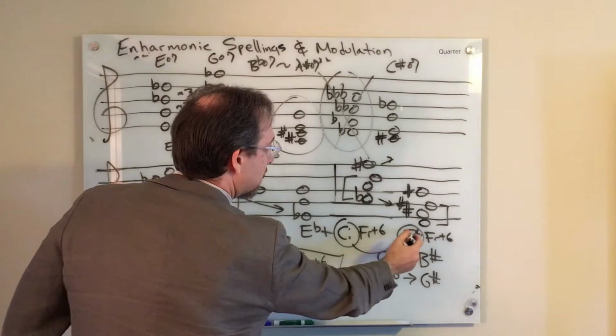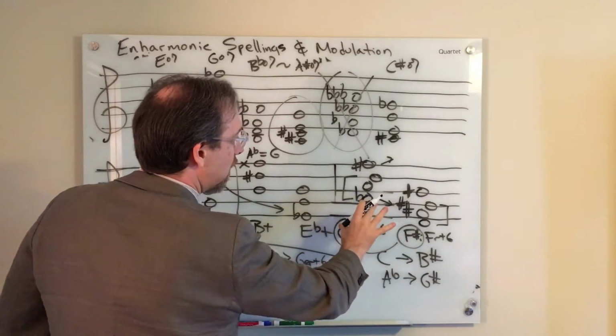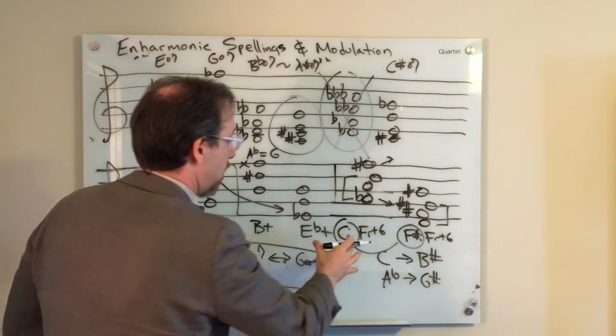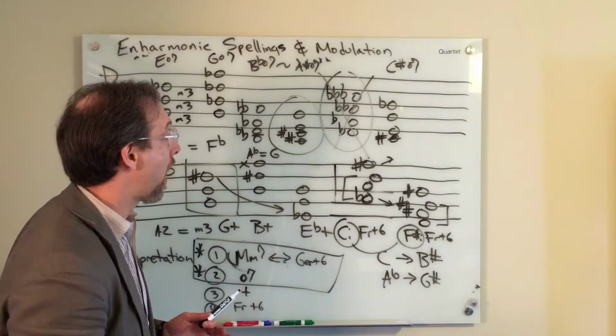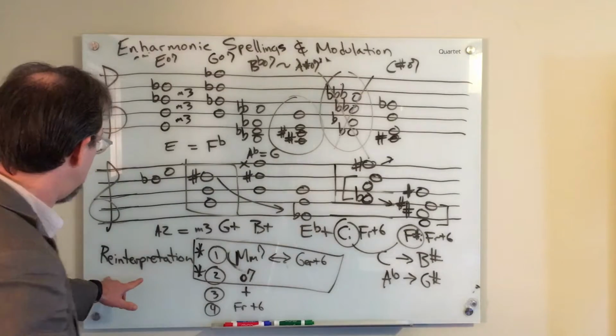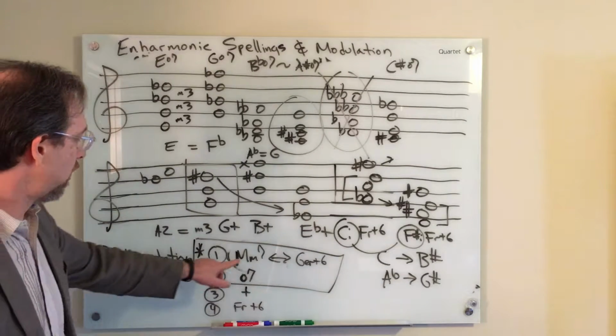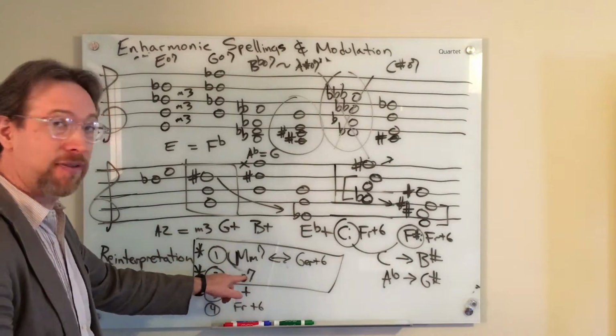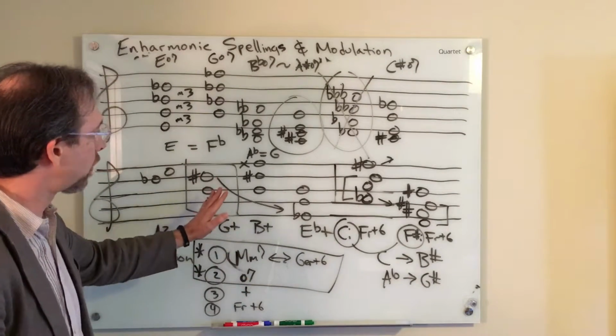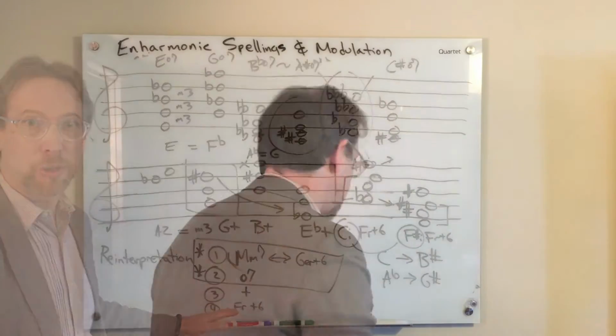And so it's interesting that these chords can be enharmonically reinterpreted, and you can take yourself into a completely different key, a tritone away. So, enharmonic reinterpretation: major minor 7, German augmented 6, very common. Diminished 7s, very common. Less common, using augmented triads and French augmented 6 chords.